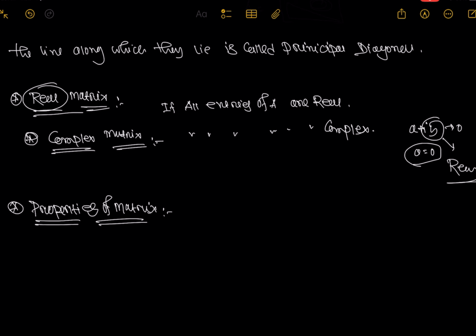At first we define what addition is and what multiplication is, then we discuss this. Let us consider a matrix A equals A of ij with m cross n, and B a matrix B of ij with p cross q.